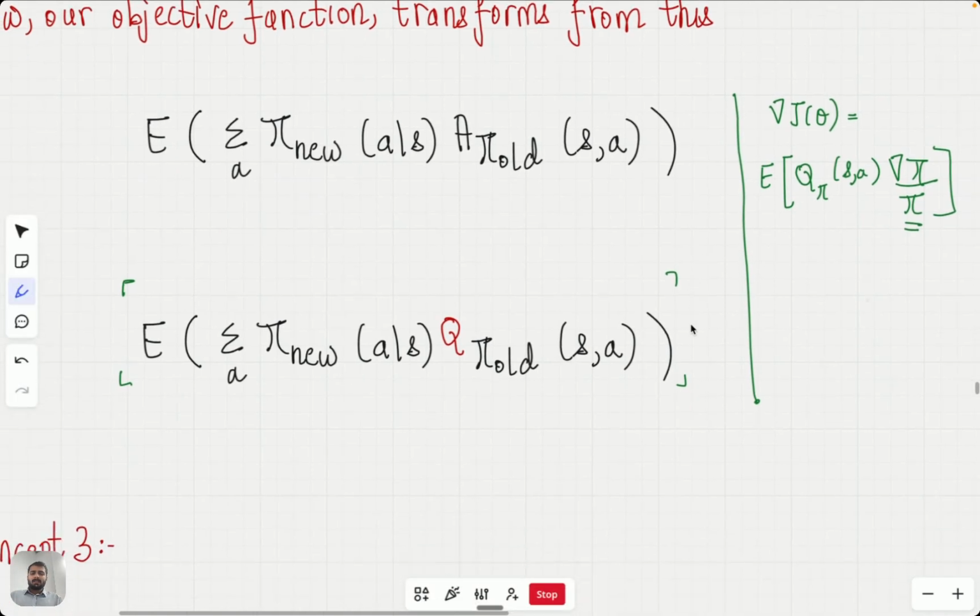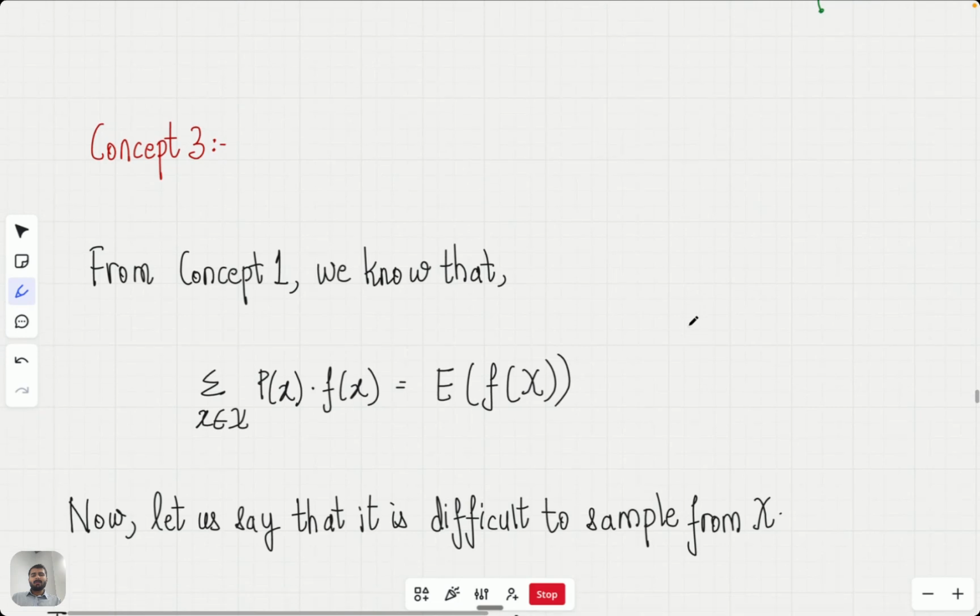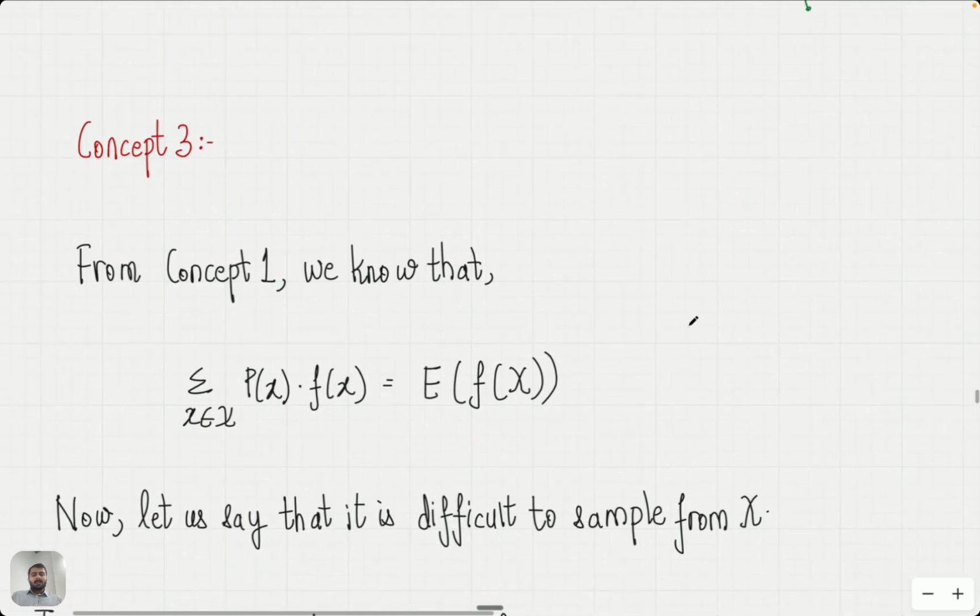So let's see. This brings us to another concept in probability, which is called importance sampling. Now let's say this is the formula for expected value of f of x that we have, but let's say it's difficult to sample from x. We do not know how to sample from x, so we cannot evaluate with p of x.